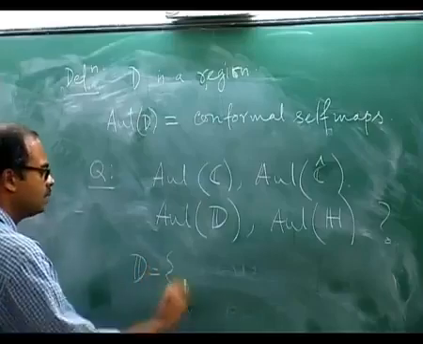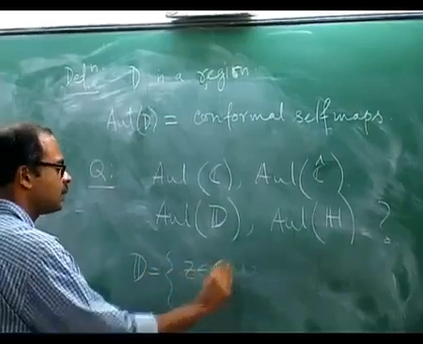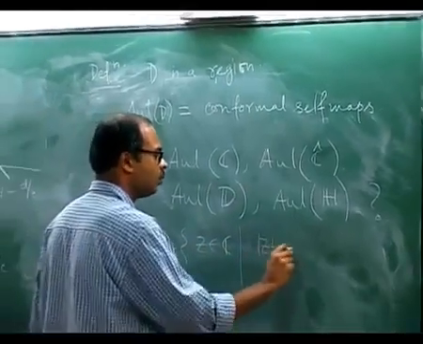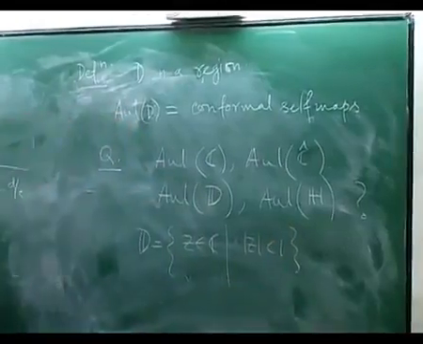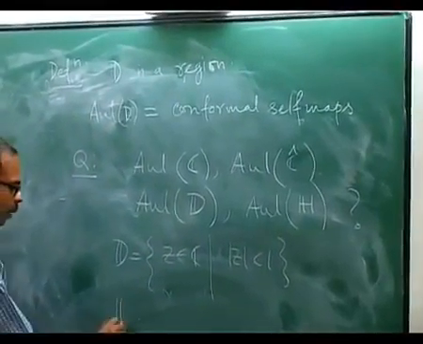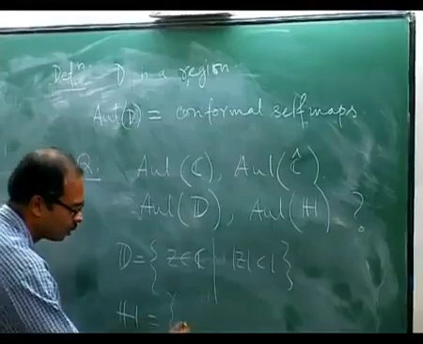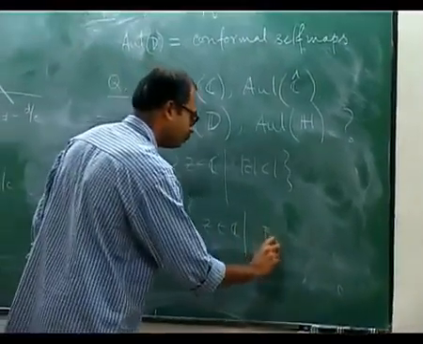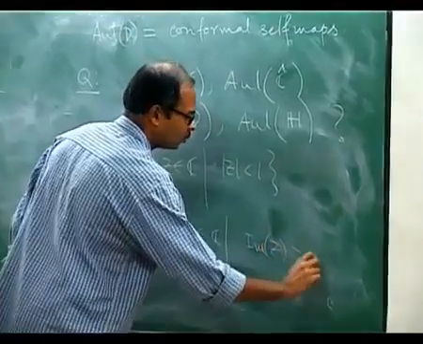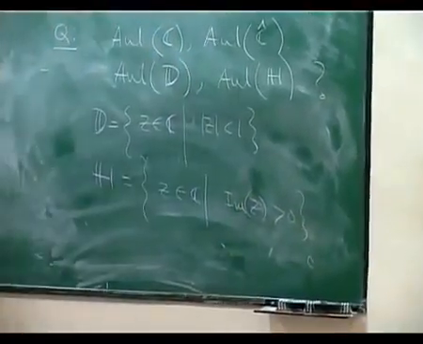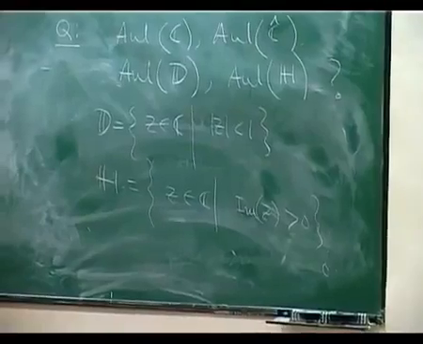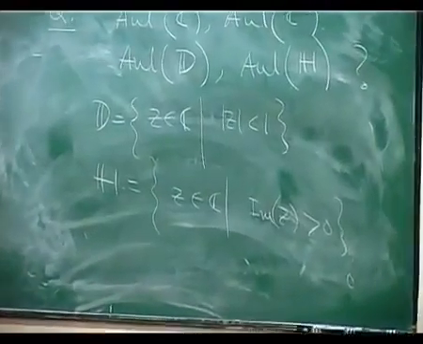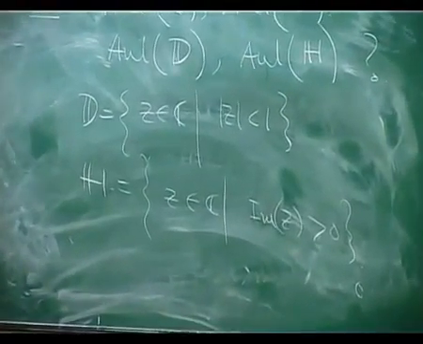D is the open unit disk, so complex numbers with modulus strictly less than 1, and the upper half plane is the complex plane above the real line, so excluding the real line, just the upper part.